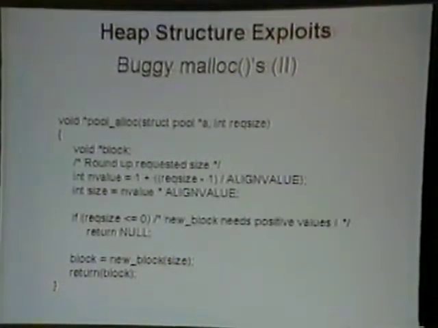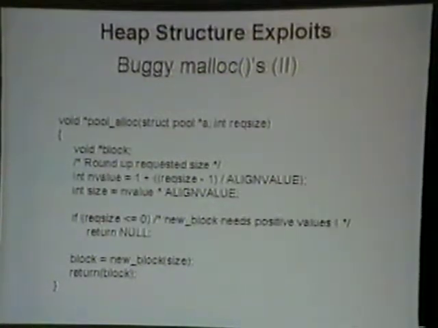Let me think. Well, what do you mean by it doesn't check size? It does new block with size. Yes? But it checks request size for negative value, but it doesn't check size for negative value.